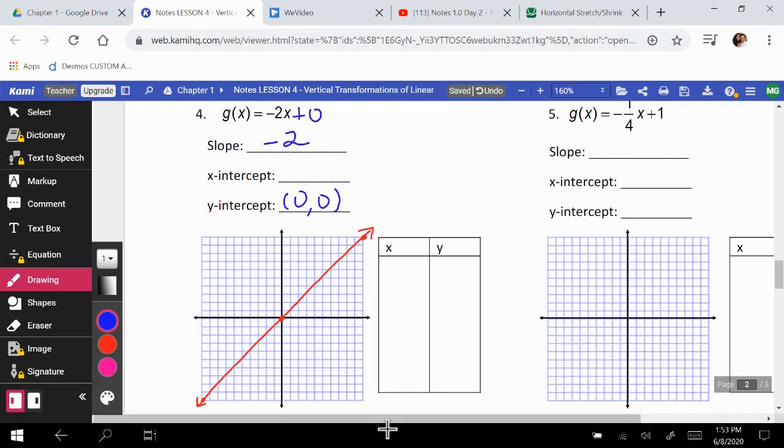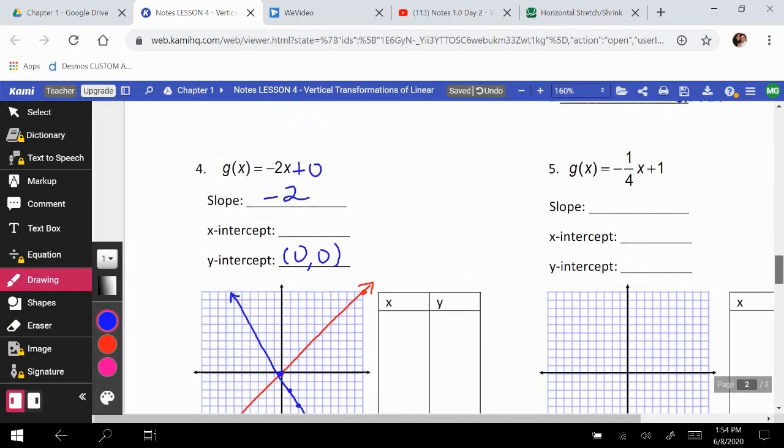I already talked about how to find the x-intercept. We're going to skip that here. So I'm just going to graph the y-intercept, and I'm going to use the slope. Down 2 over 1, down 2 over 1, down 2 over 1. I didn't quite get through that point.